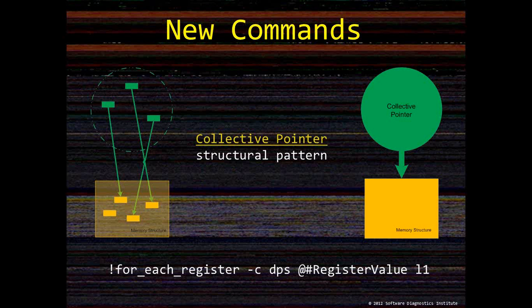And this concept now acquires support from this command. So when we execute this command, all CPU execution context registers form a collective pointer pointing to diverse memory regions. So this may be useful, and you can also devise additional uses for such commands.